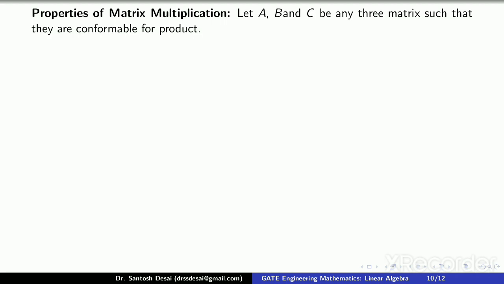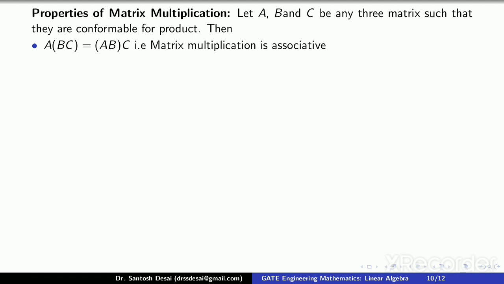Now we consider properties of matrix multiplication. Let A, B and C be any three matrices such that they are conformable for product. That is, all the products of A, B, C exist. Then A into BC is equal to AB into C. That is, matrix multiplication is associative.